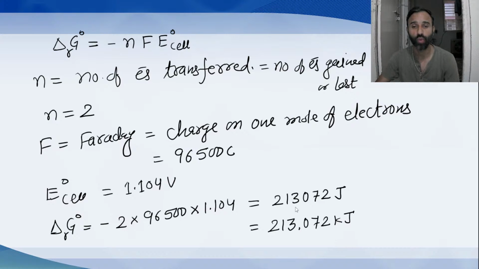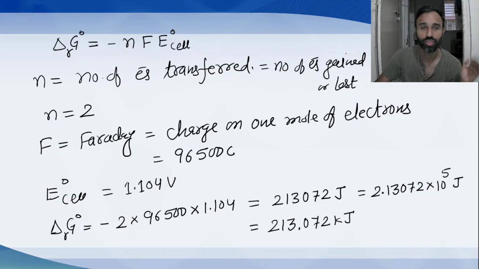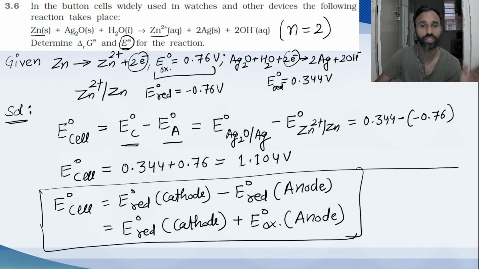This is the value. 96500 into 2 into 1.104, so this is the value in kilojoule, or to write in scientific notation, it is 2.13072 into 10 raised to power 5 joule. That's it. So this is question number 3.6 of the NCERT exercise of electrochemistry.